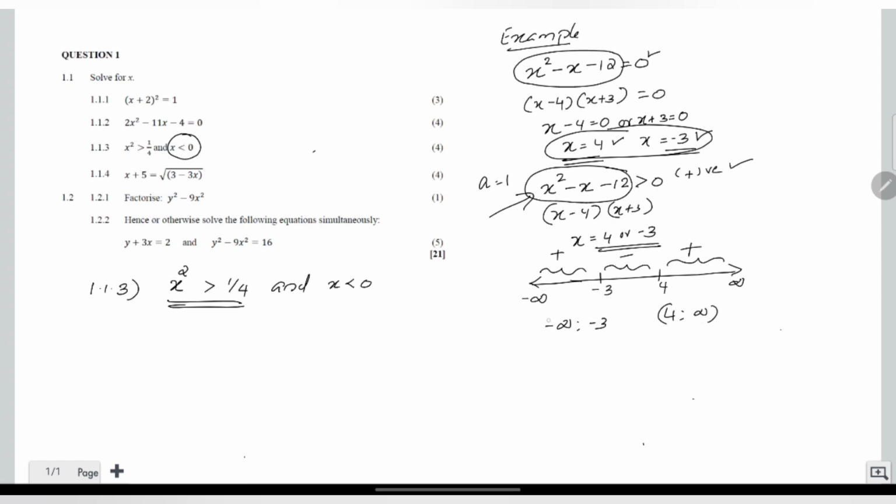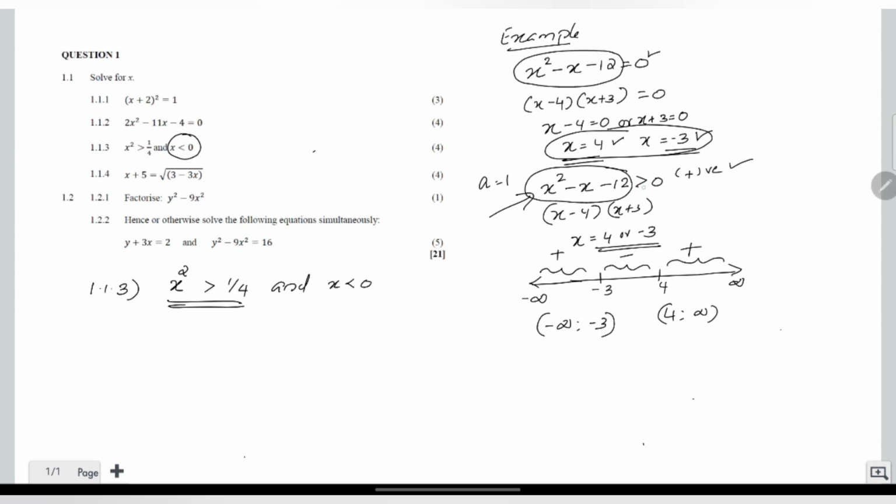Now you have to use the open bracket. Why open bracket? Open bracket means those values are excluded. It's not part of the solution. Minus infinity and plus infinity, of course, it is obvious they're not part of the solution because we don't know what that is. It's a very big number we cannot predict. So you have to use open bracket every time with infinity and minus infinity. Then what about the critical values minus 3 and 4?